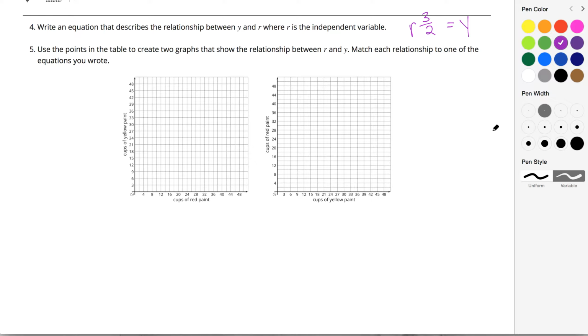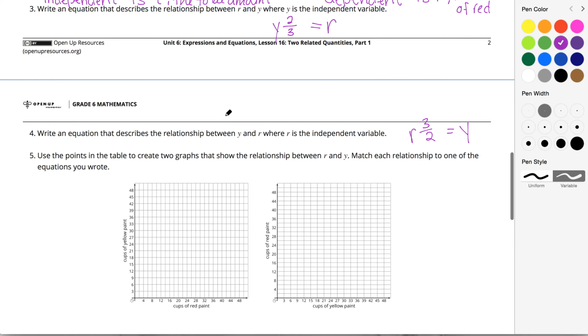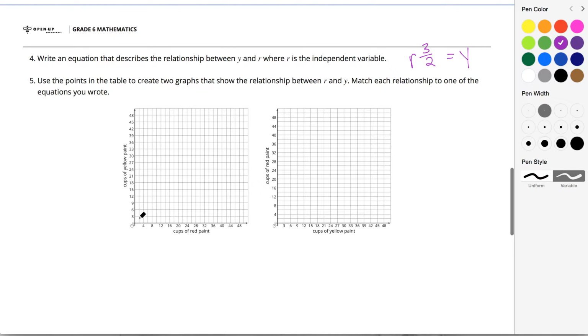Now, the last thing that they want us to do is actually graph what we have just seen. For this one, they want you to do cups of red on the bottom, cups of yellow on your y-axis. I had 2 and 3. So 2 red, 3 yellow.